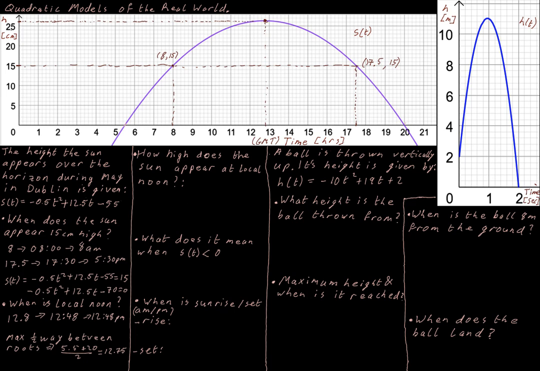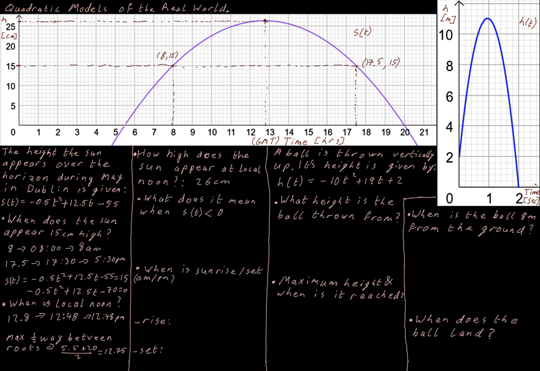So I'm very slightly above 26 centimeters, but 26 centimeters would probably be acceptable here. So 26 centimeters. So we have the height at noon.